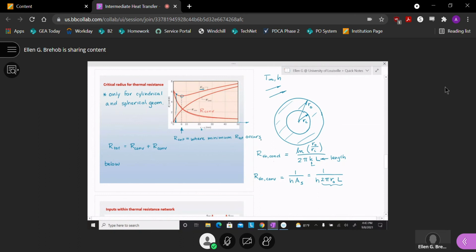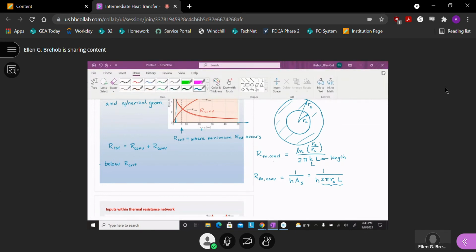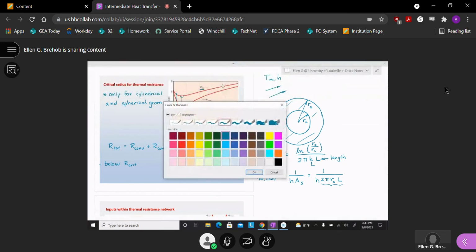Okay. So below R crit, and I'm sorry, as I look at this, I was going to keep going. Let's put a lowercase r for a radius. I don't like that capital R. To me, it looks like a thermal resistance.